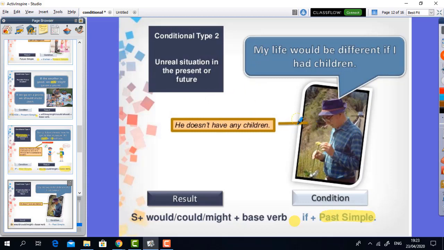This old man has no children, so he said, "My life would be different if I had children," but actually he doesn't. Note that he is talking about his life in the coming days, in the present and in the future, and not in the past time.